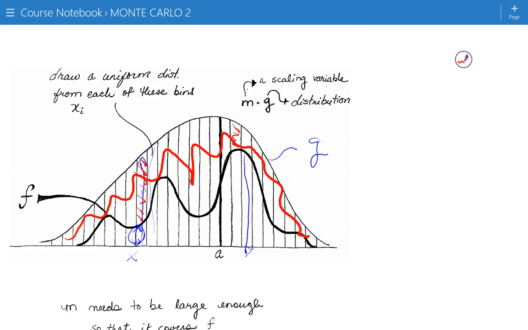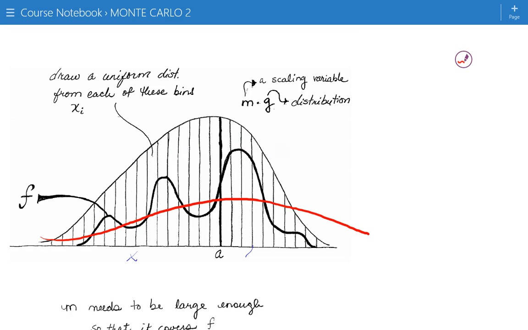That's the idea. Now, M allows us to take a distribution that may actually start below F, and this would be bad because we've got F higher than this, we can't do that, and inflate it and blow it up by multiplying G. So if this were G, multiplying it by M so that we get a distribution that essentially covers the distribution that we are interested in.